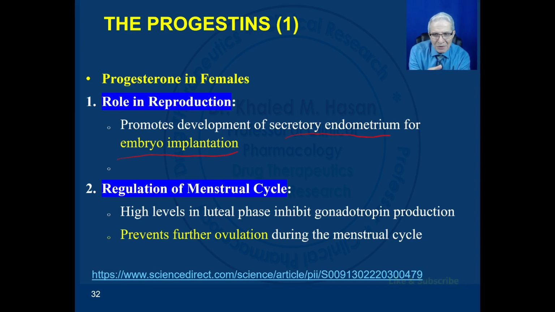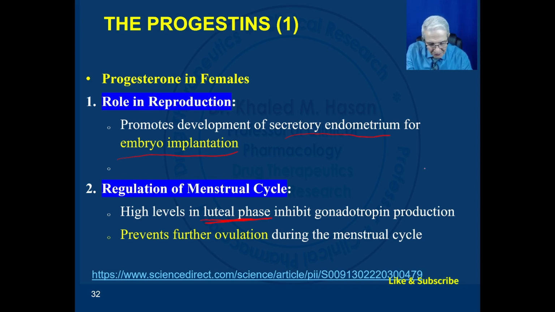But what happens during the menstrual cycle? A high level of progesterone in the luteal phase inhibits gonadotropin production and prevents further ovulation during the menstrual cycle. What does that mean for us?